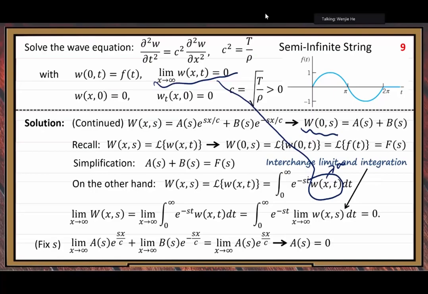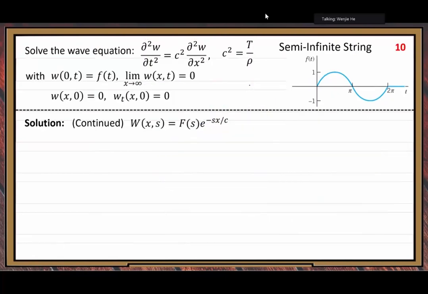Let me just draw it: A of s is 0, so B of s equals F. Then the A term is gone, so your W function is very simple. At the end, your capital W function is this.